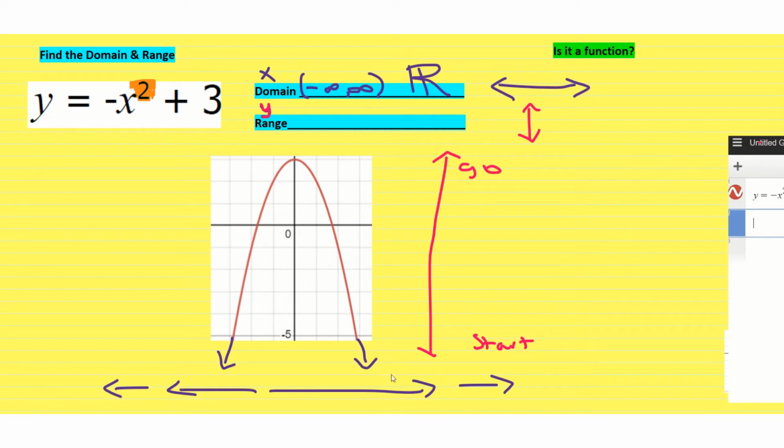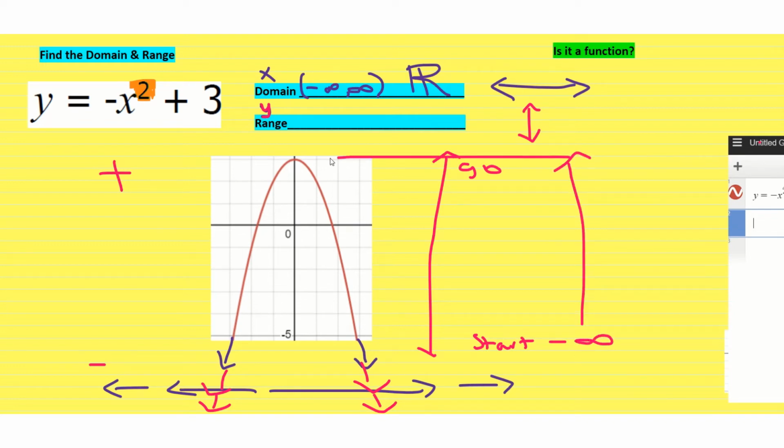Well, again, it's going to be from negative infinity, because all the positive values of y are in the upper quadrants and all the negative values of y are in the lower quadrants. So it's going to start at negative infinity and it's going to go up to this point.